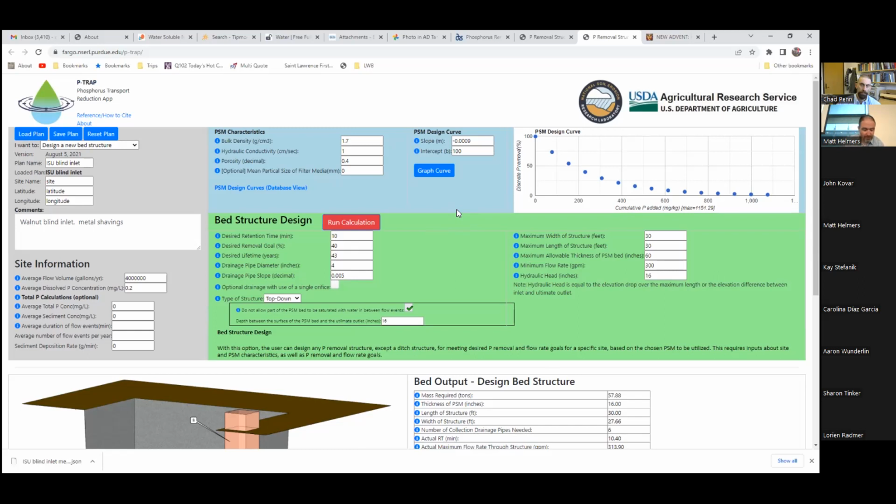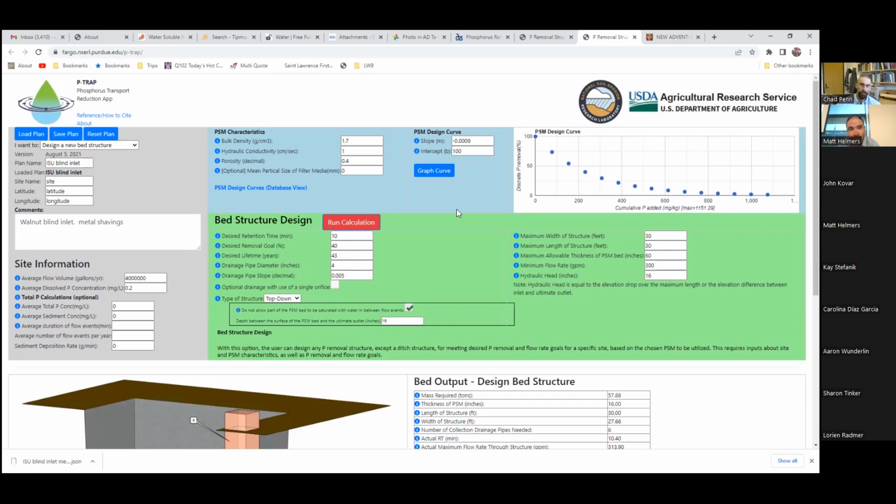Yeah. So I published a paper in Chemosphere in, I think, 2016, where we took all the performance data we had from field structures that we monitored and from pilot scale structures, and we compared it to the model, to basically the P removal curves, and it worked.